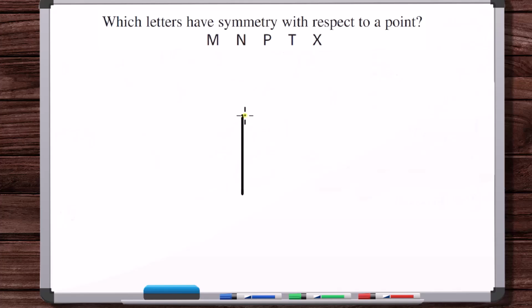Okay, what about the letter P? Well, no. We're going to have to be in this central region here, somewhere around there. I mean, there's no way. No way. Okay, what about T?